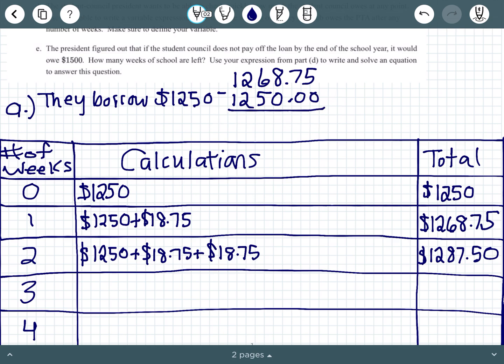When I do that, I should end up getting $18.75.